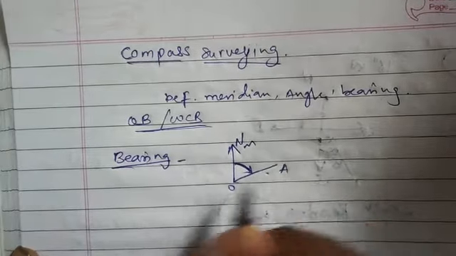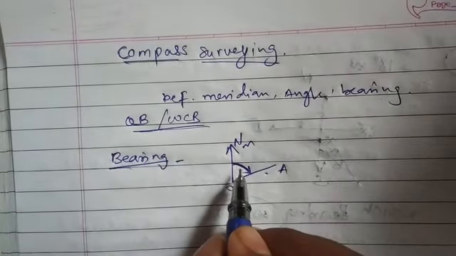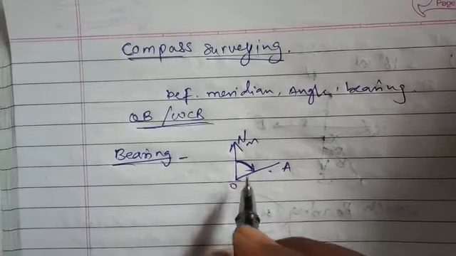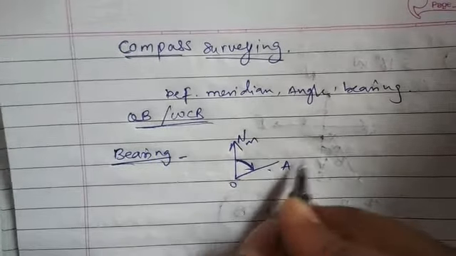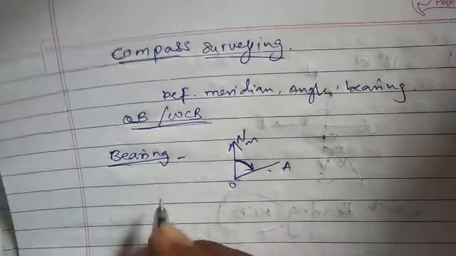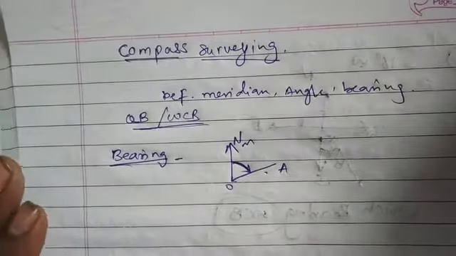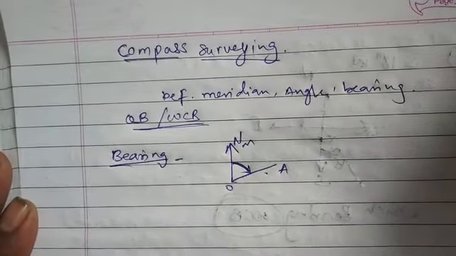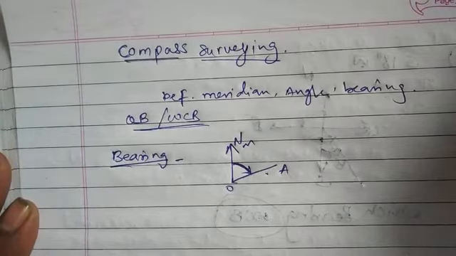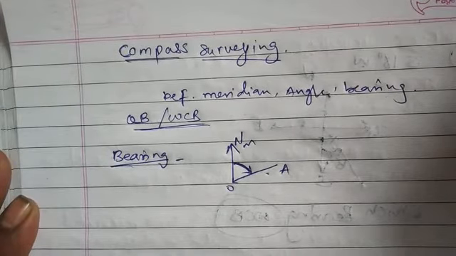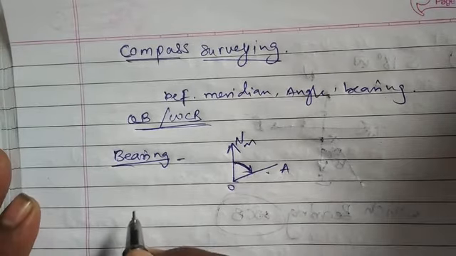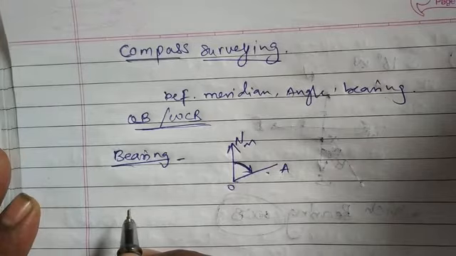If this line is OA, then this is the whole circle bearing of this line OA. We have discussed the representation of bearing in whole circle bearing system and quadrantal bearing system. We have also discussed the conversion of quadrantal bearing to whole circle bearing and whole circle bearing to quadrantal bearing.